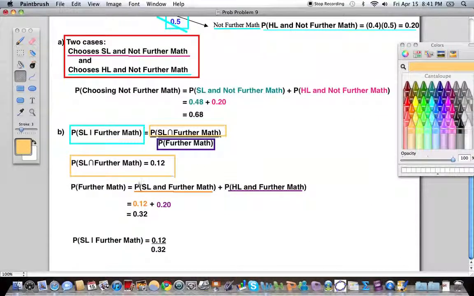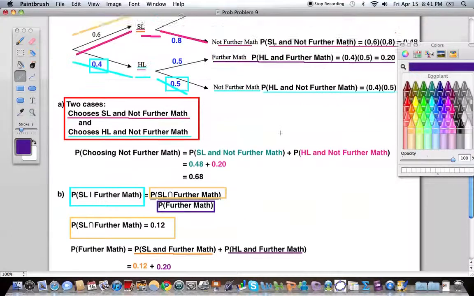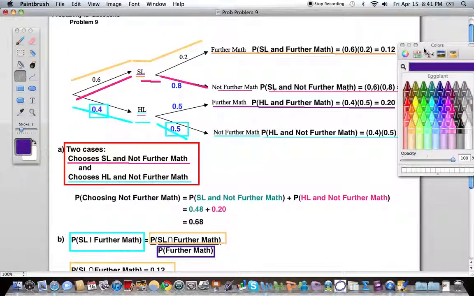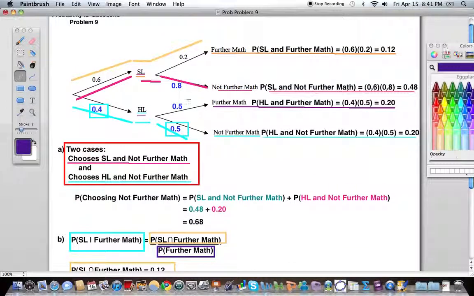And then we say, okay, well, what's the probability that a student chooses further math? Well, there are two cases where this happens. They either take SL and choose further math, or they take HL and choose further math. So again, we multiply down these lines.